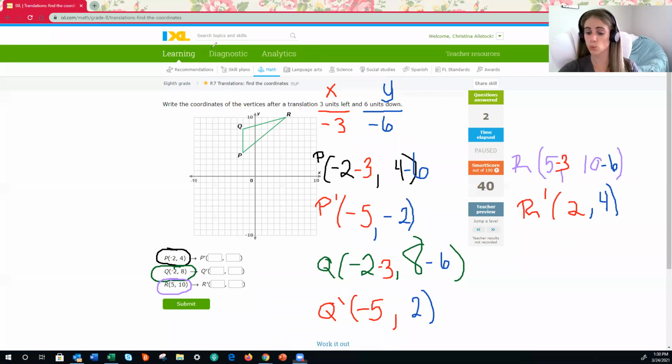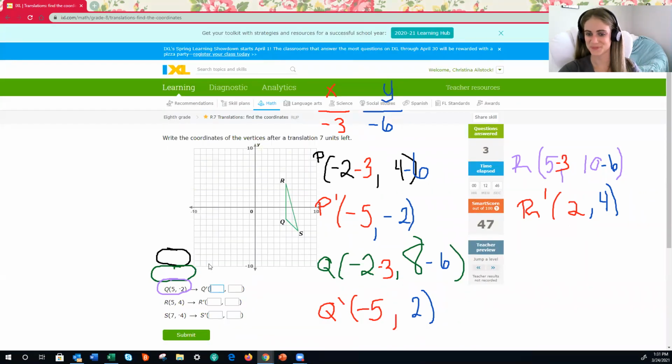Please make sure once you finish doing that on paper that you type the points in. Or maybe after you do P prime, you type that in, because I don't want you to mix them up and then get it wrong. So P prime is located at -5, -2. Q prime is -5, 2. And R prime is 2, 4. Let's hope I didn't have any typos. Good.